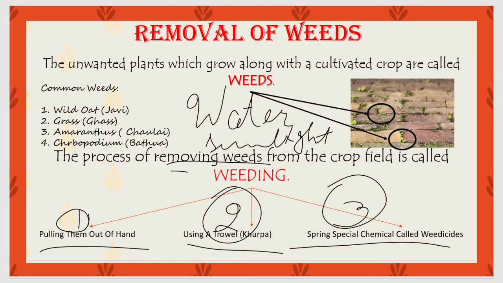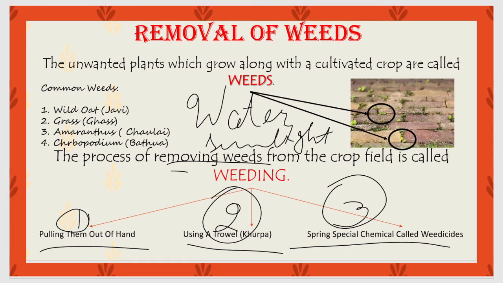In the second process, using a trowel, weeds can be removed by digging or cutting them close to the ground from time to time with the help of a tool called a trowel. A trowel is a very effective tool for removing weeds. Nowadays, we use weedicides. These are poisonous chemicals which are used to kill the weed plants, the unwanted plants in the field.